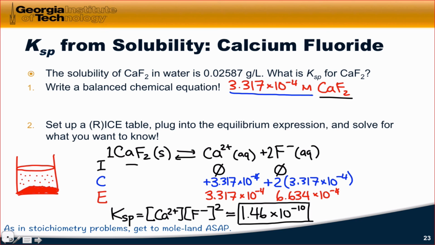So in a sense, in problems like this, we were able to go right to the equilibrium line by converting this number of moles of CaF2 that can dissolve in a liter of water into moles of dissolved particles, moles of aqueous ions, Ca2+ and F-. That involves a stoichiometry calculation when the coefficients on the ions are not equal to 1.